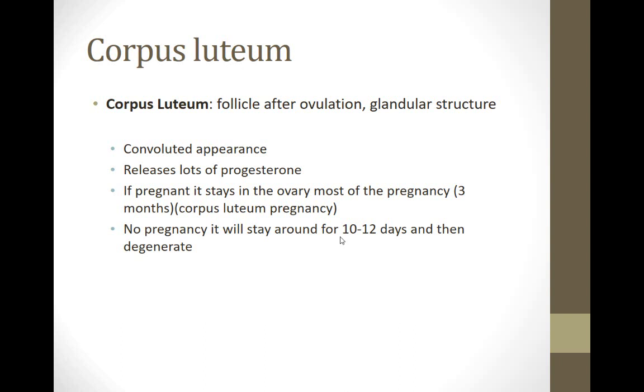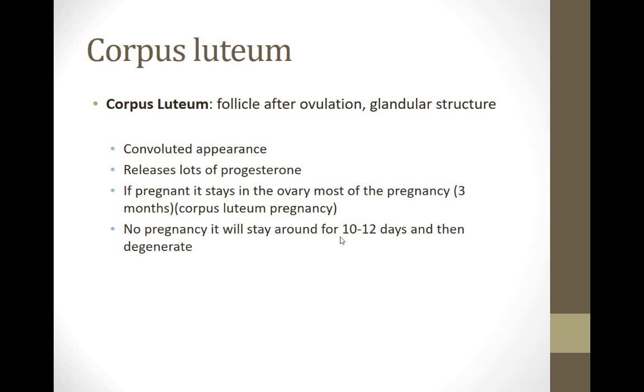Okay, so this progesterone, this hormone, is really important for the development of the embryo and the fetus. So if the female is not pregnant, the corpus luteum will stick around for 10 to 12 days and then it will degenerate. Because if the female's not pregnant, why do we want it to continue to release progesterone?